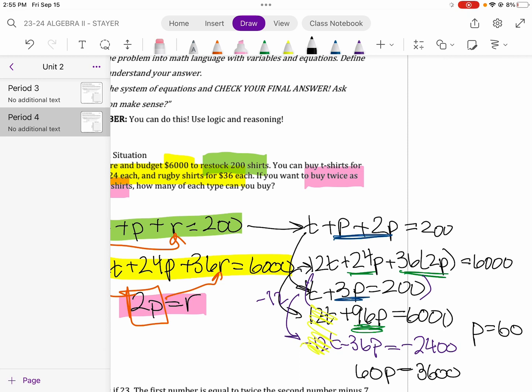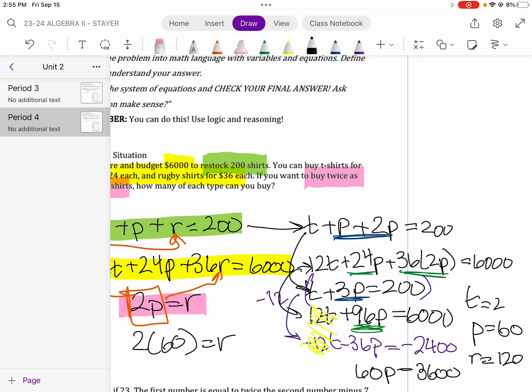Wait a second. If I know the polo shirts, how many rugby shirts are there? Don't I have to take 2 times the number in polo shirts, and that's R? That's R is 120. So how many t-shirts did we buy? I need a total of 200.